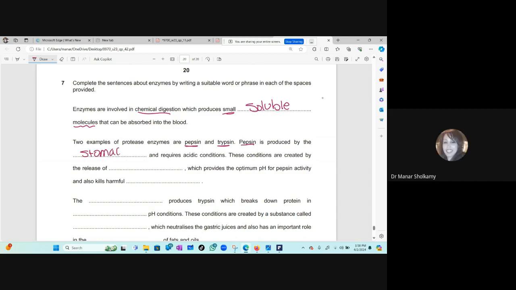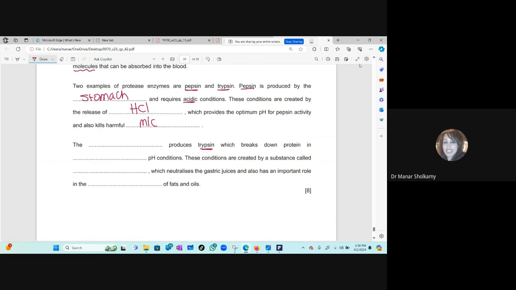Correct. And requires acidic conditions. These conditions are created by the release of what? Hydrochloric acid. Perfect. This provides the optimum pH for pepsin activity and also kills harmful microbes or bacteria or pathogens.